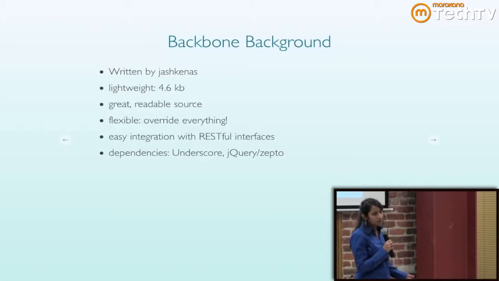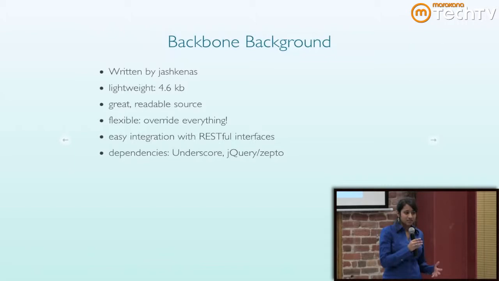So a little bit about Backbone. It's written by Jeremy Ashkenas. He's the same guy who wrote CoffeeScript and maintains it. It's fairly lightweight. The source is extremely readable. So if you're looking into Backbone, I suggest that you start reading the source first, because the docs are not as good at introducing you to it.